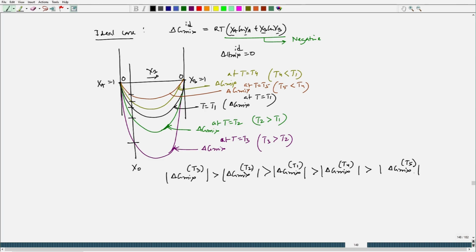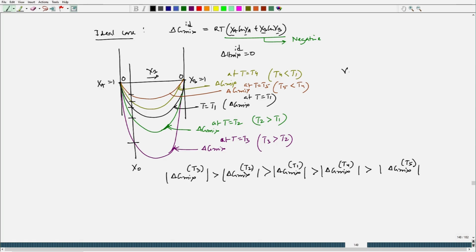So, now we see that if I start from a very high temperature and go to low temperature, the degree of phase formation in terms of delta Gmix gradually reduces as we decrease the temperature. That means increasing temperature in the case of ideal mixing would always give better formation ability.